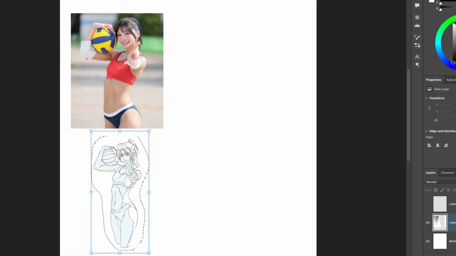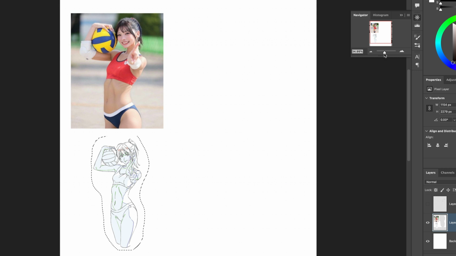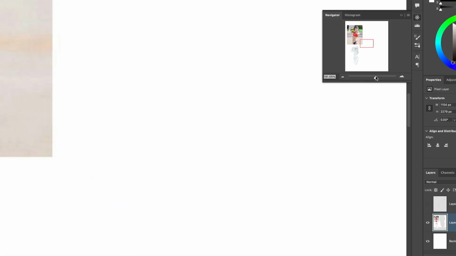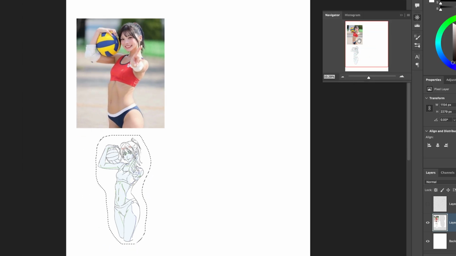Actually, I'll show you one other thing before I show you my example. Like in the histogram here, sorry, not the histogram, in the navigator, excuse me. In the navigator, it's difficult to see what exactly is happening. I can tell that it's a female, but a female doing what? What is she doing with that other hand?